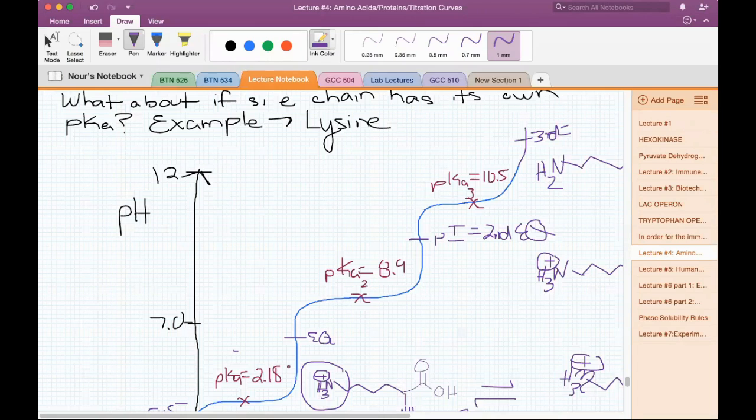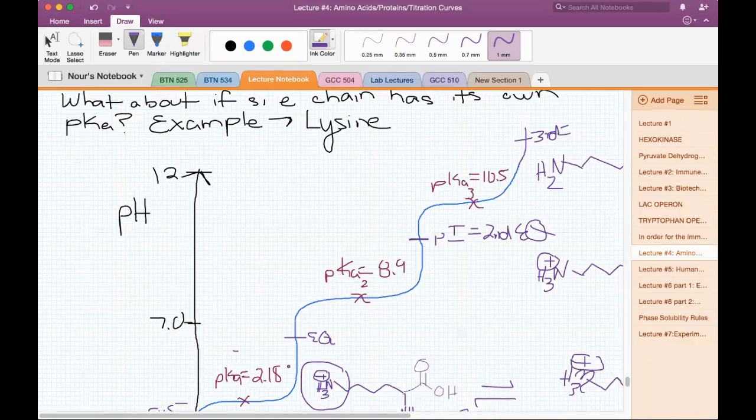So then, like in a titration curve, the first group to get its proton stolen would be the OH, the normal OH group from what I've shown you, and then the second one would be the OH on the side chain because its pKa is 4, and then the third group would be the amino group part of the original structure. So that would be a little bit different. It's just because the pKa is lower.